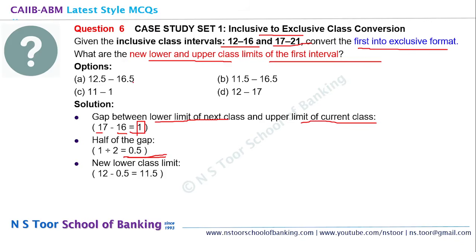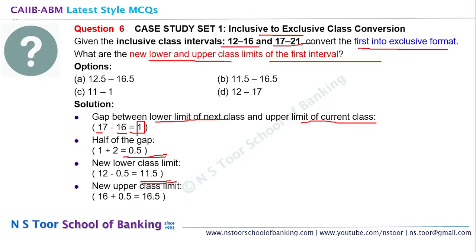Now what do we want? The lower and upper class limits of the first interval. What is the first interval? 12 to 16. What do we have to do? From the lower limit they have given, we have to deduct this half gap. So 12 minus 0.5 is equal to 11.5, that is my lower class limit. And what is my upper class limit?